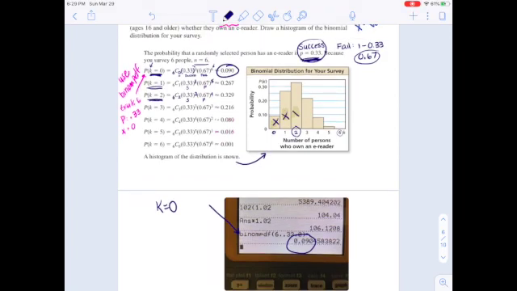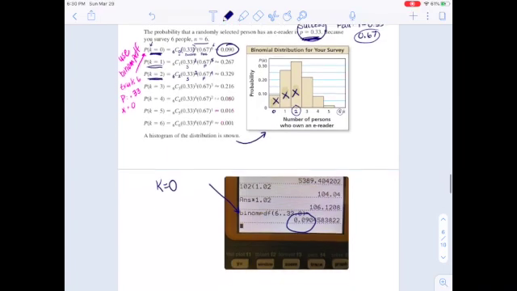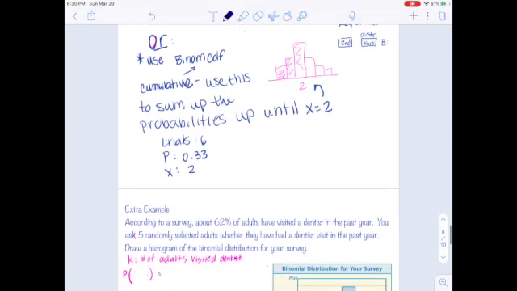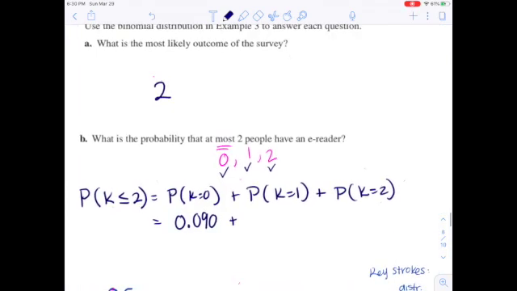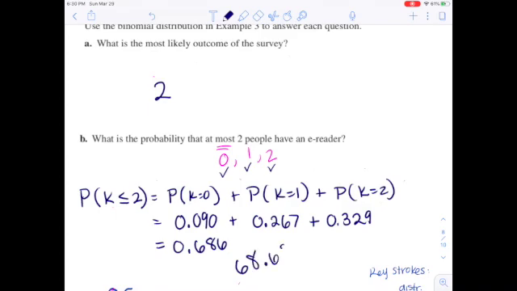I'll go back up to my diagram, and we're looking at these 3 probabilities that we're adding together to have at most 2 people who own an e-reader. Fill it in: 0.267 plus 0.329, and that gives you a probability of 0.686, which is 68.6 as a percent. I don't care whether you write it as a percent or as a decimal.